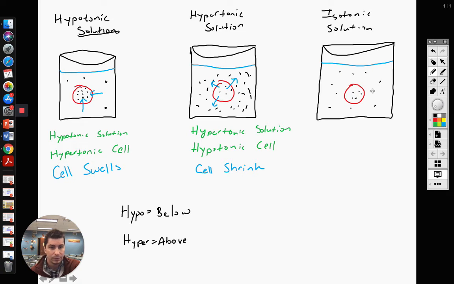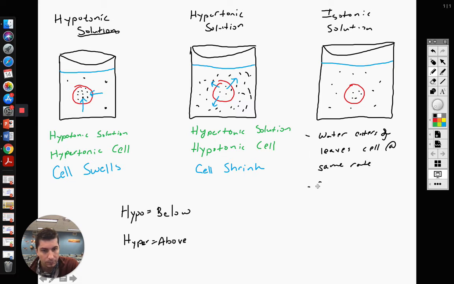I could even do maybe a few more out here, okay? This is still isotonic. The concentration is the same. We have the same amount of solute to solvent, okay? So, water enters and leaves the cell at the same rate.